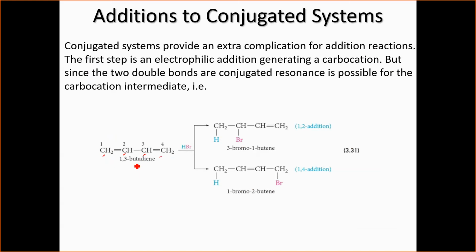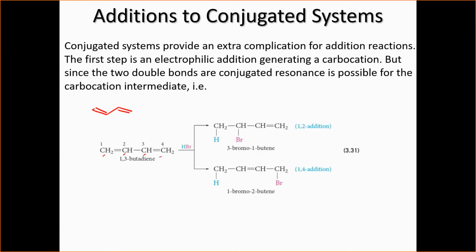Remember that there is a double bond, a single bond, and a double bond. Whenever this type of system is present, what kind of double bond is this? Is this a conjugated double bond, a cumulative double bond, or an isolated double bond? This is the conjugated, as you can see from the title of the slide.